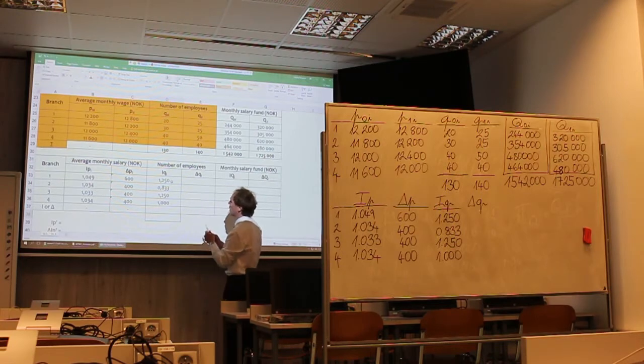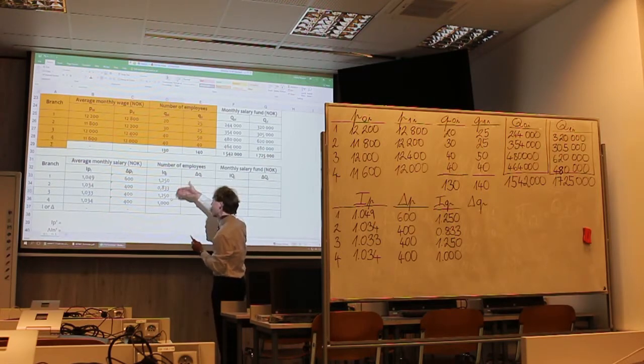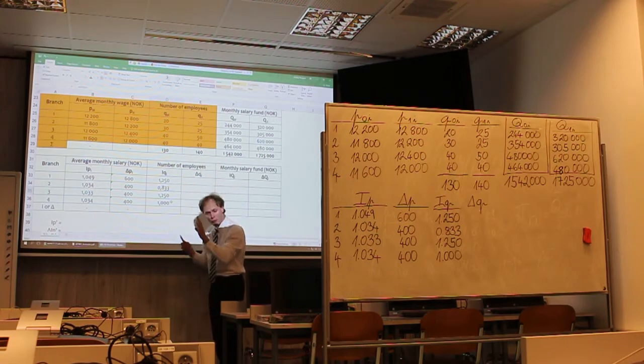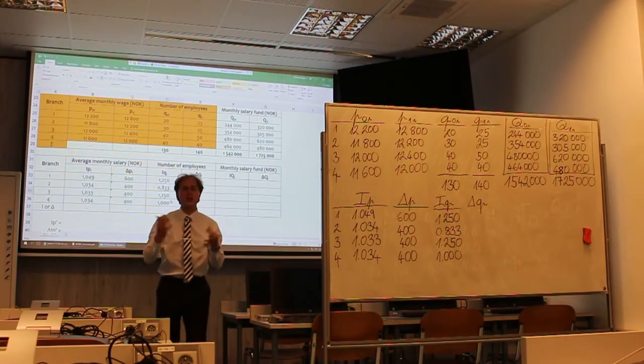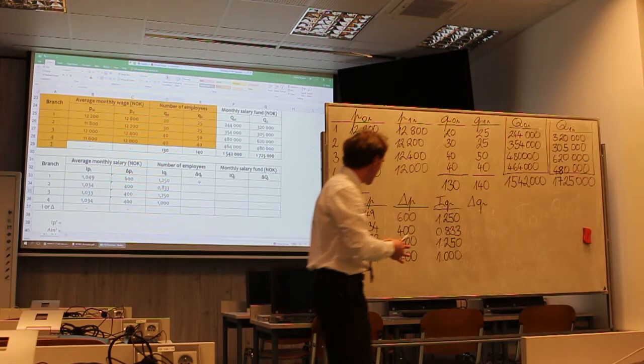In the case of the first branch office, you increased number of employees by 25%. And in your fourth branch office, nothing changed, because the result is 1.000.